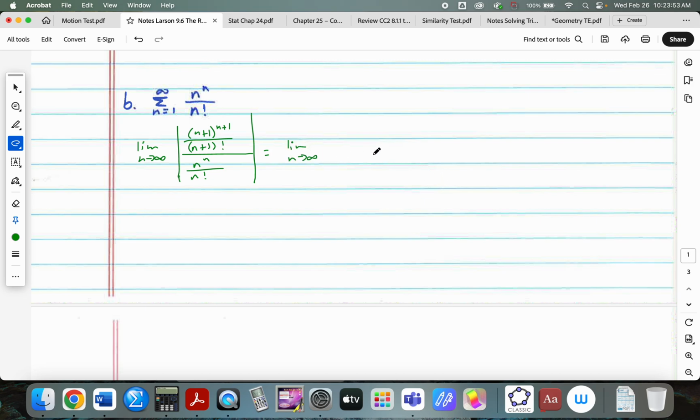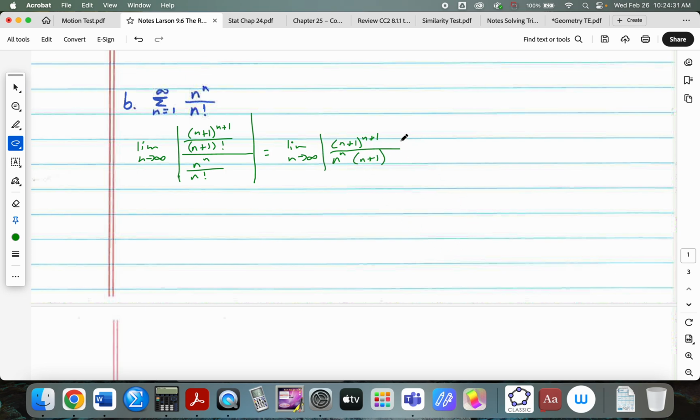Not nearly as much cancels this time. I'm going to have n plus 1 raised to the n plus 1 over the n to the nth. There's nothing I can really do with those yet. I'll show you that we can do something with them in just a moment. And the n plus 1 factorial divided by n factorial, remember this is n plus 1 times n factorial, so it just leaves me with an n plus 1.